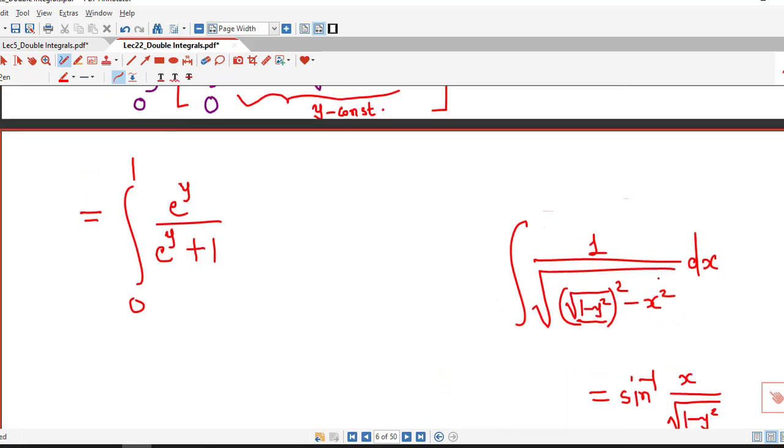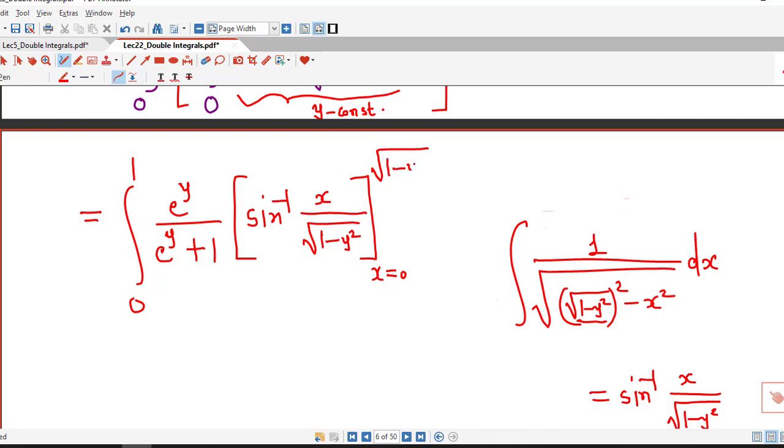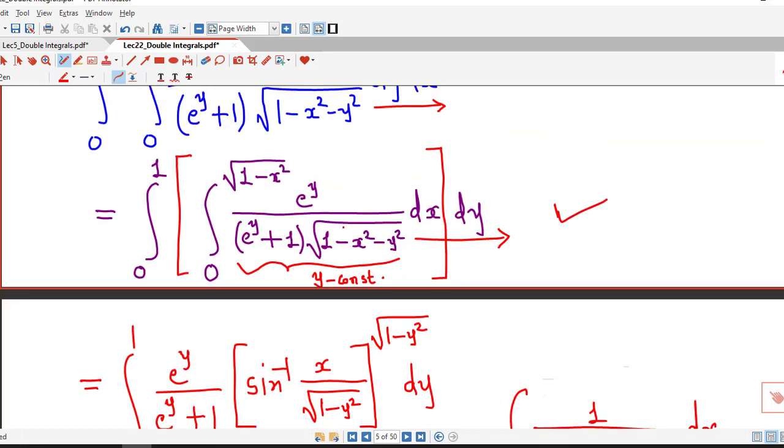So we will consider the integral has value sine inverse x divided by under root of 1 minus y square, and the limits of integration are from x equal to 0 to under root 1 minus y square, and after putting limits we will integrate with respect to y. So again I repeat, this e raised to y over e raised to y plus 1 is constant, so we keep it as it is.